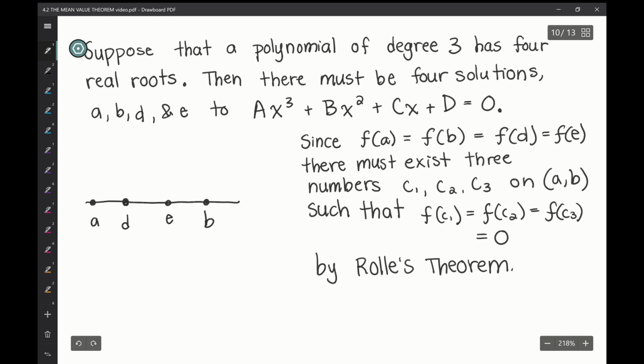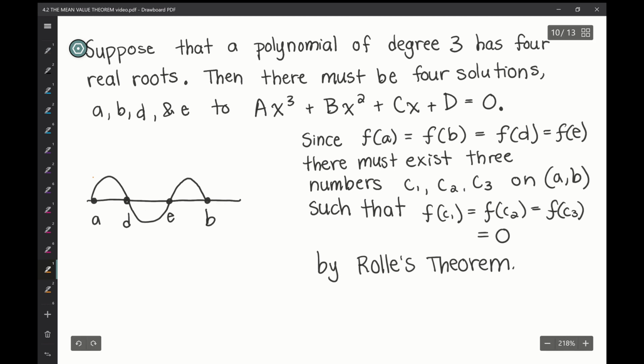There's a couple different shapes that this polynomial could take. It might be increasing first or decreasing first. But either way, if f of a, d, e, and b are all equal to 0, then we must have these three c values, where at each of these inputs, the tangent line's slope is 0.